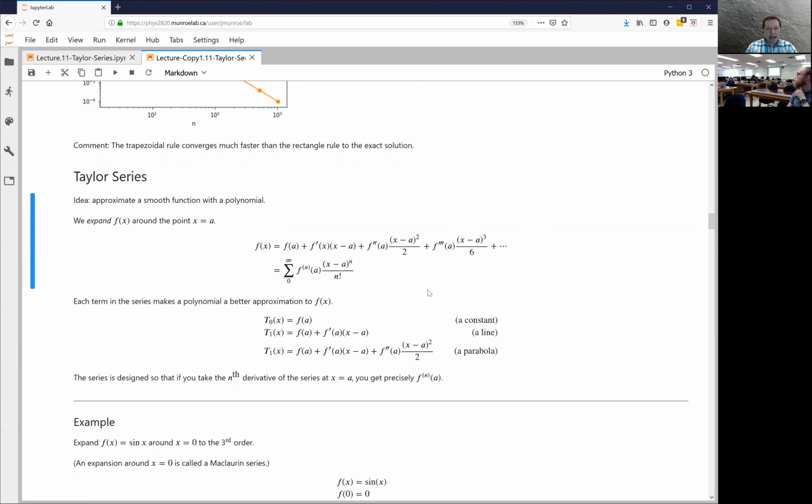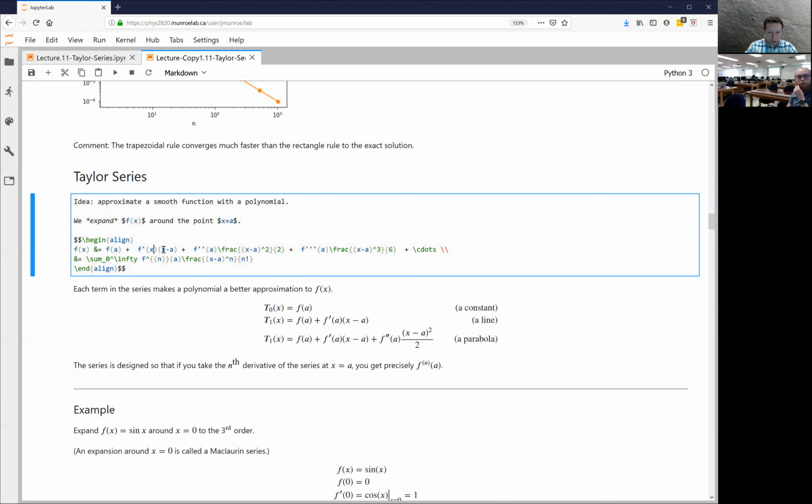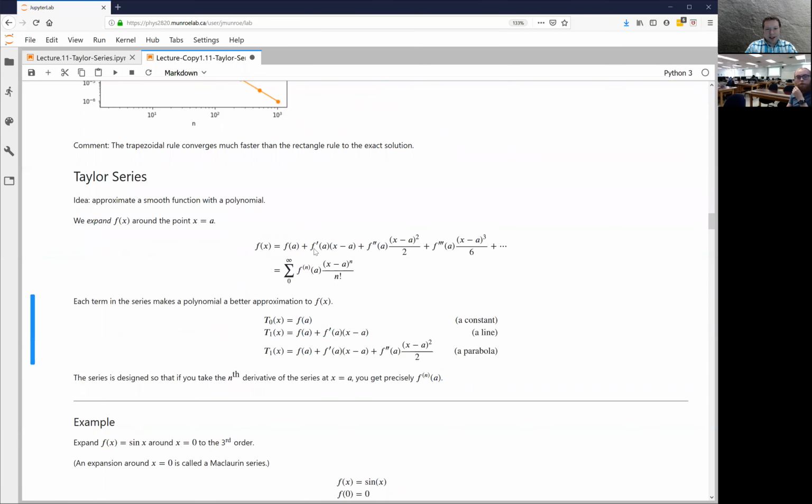series is chosen so that when you differentiate this polynomial, and remember, you always can differentiate a polynomial. F of a is just a number. Little typo. F prime of a is just a number. F double prime of a, for a being a constant, is just a number. When you differentiate these things, 2 comes downstairs, cancels with the 2, and you're left with something you can evaluate.